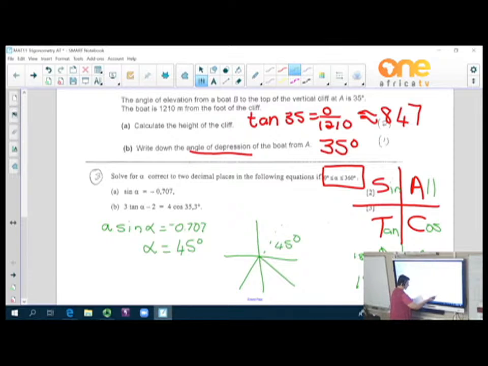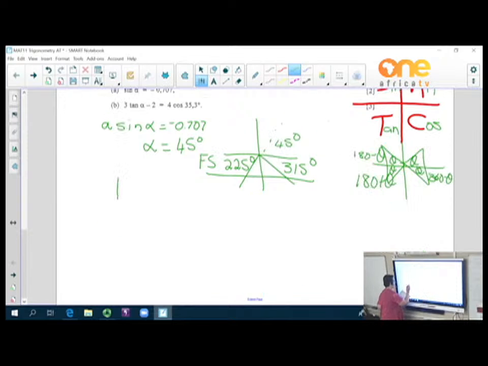So this one is then 180 plus 45, which is 225 degrees. And this one is 360 minus theta, which is 315 degrees. So actually you should write final solution, and this was the correct answer there. That was your correct answer. Now let's look at number B.